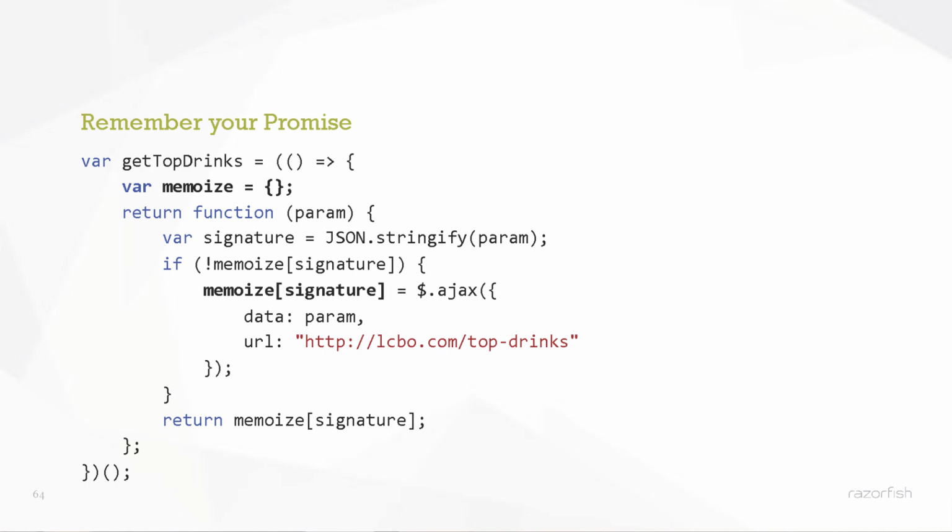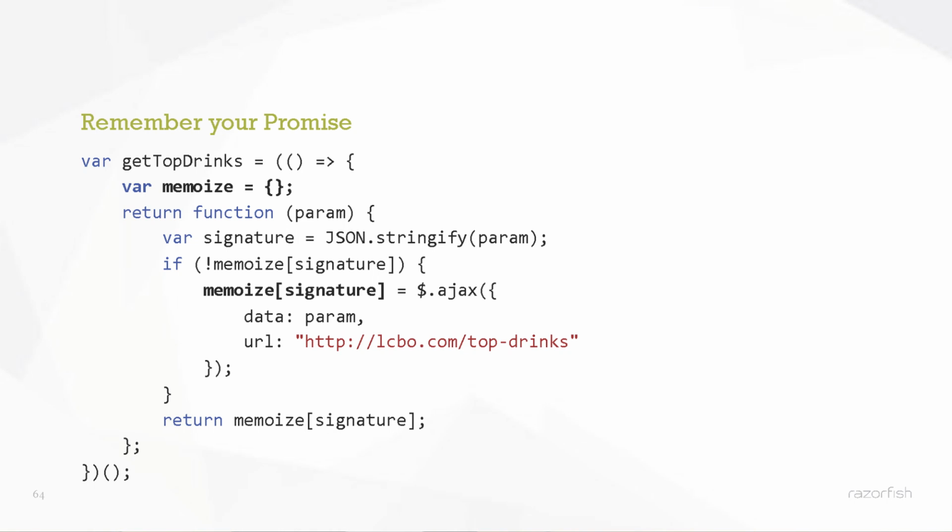So this is an example of how that would work. So remembering your promise. So you create this object. It's just a regular object. Call it memoize, but it's not really special. I'm using a closure here, and I'm defining a signature. What do my parameters look like? Because that is what determines what I'm going to be fetching. So I'm going to check.